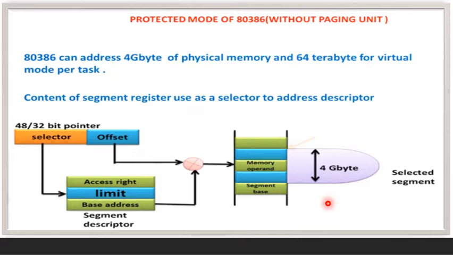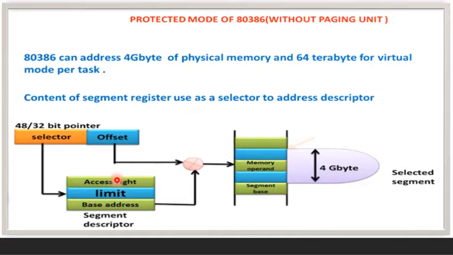In protected mode addressing, the content of the segment register is used as a selector which can address the segment descriptor. The segment descriptor consists of the segment limit, base address and access rights.